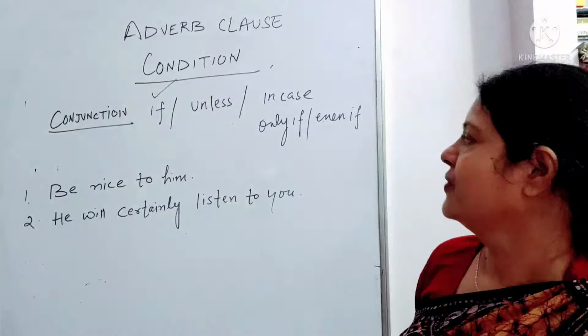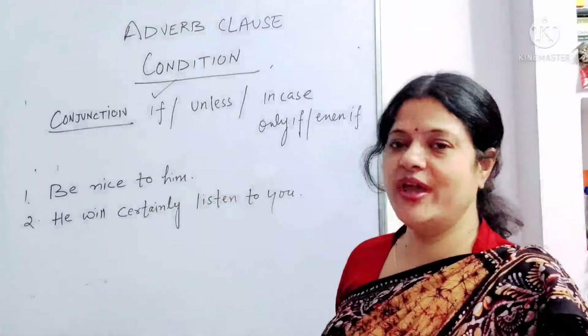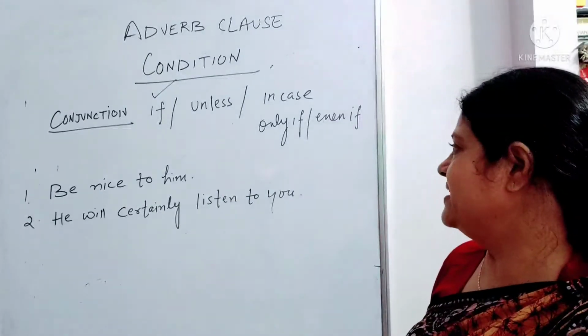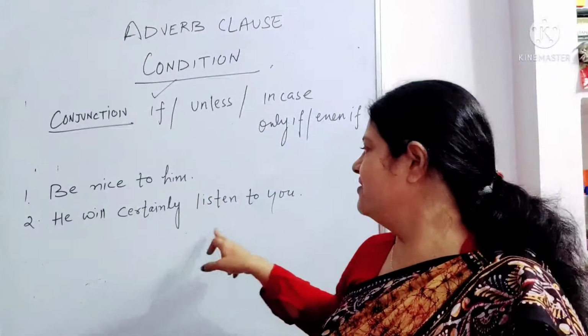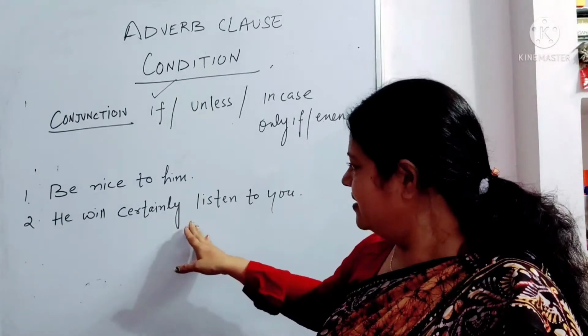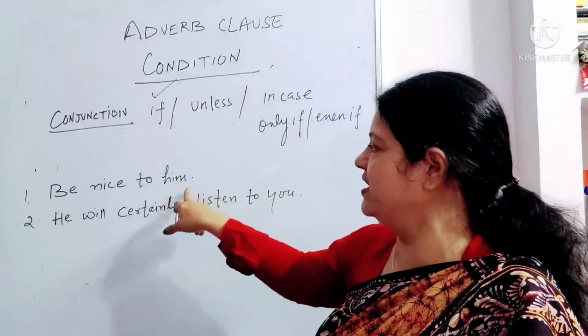Now, let's see, I've taken two sentences over here. Be nice to him. He will certainly listen to you. So we see that we have two sentences. Be nice to him. He will certainly listen to you. So, in which condition is he going to listen to you? If you be nice to him.